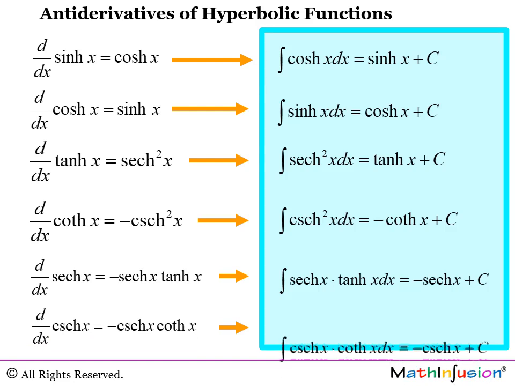And from here, we get that the integral of cosecant hyperbolic x times cotangent hyperbolic x dx is negative cosecant hyperbolic x plus c. This is very similar to the trigonometric integrals, but you have to be very careful with the pluses and the minuses, because there is a really big difference with the minuses and the pluses here.